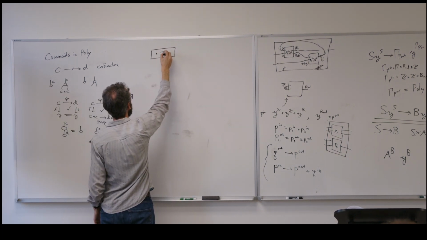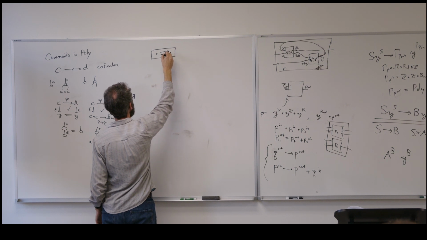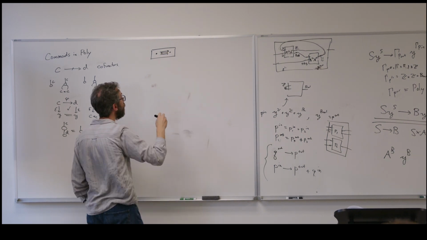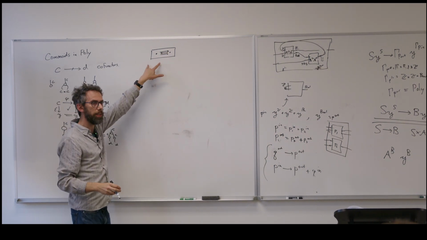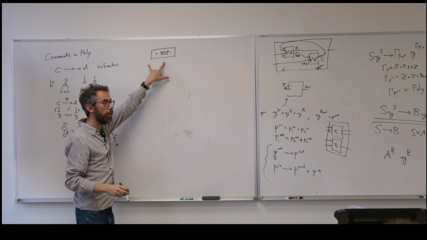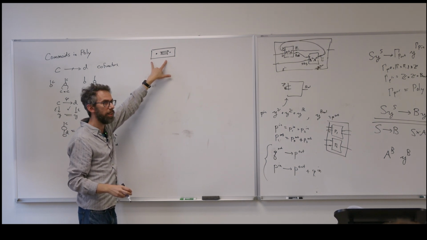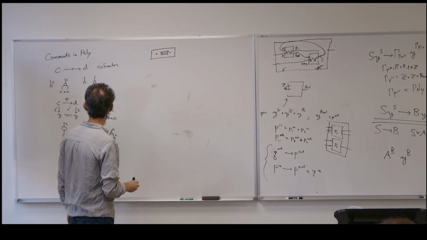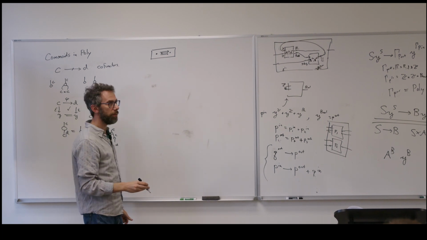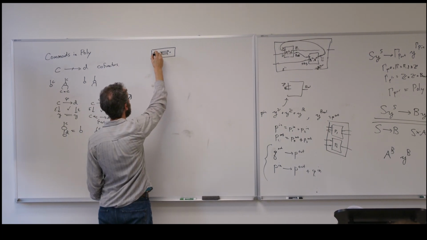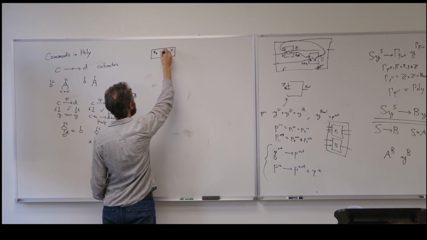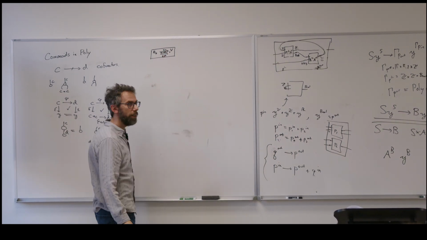For example, you might have the category that indexes reflexive graphs. A functor from this thing to set would be a reflexive graph. So you have a bunch of edges, a bunch of vertices, a source, a target, and a reflexive edge. Sorry, that says refl on it.